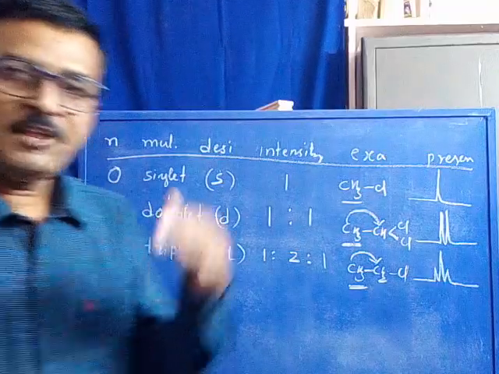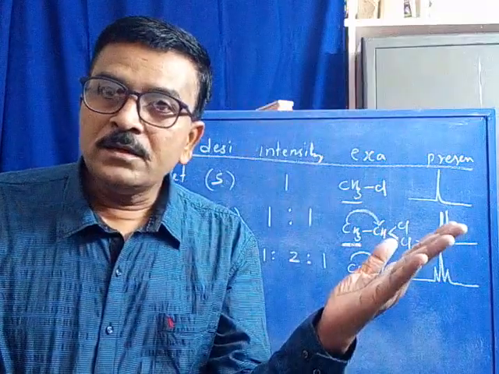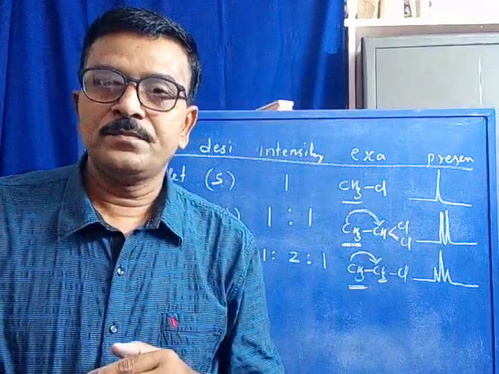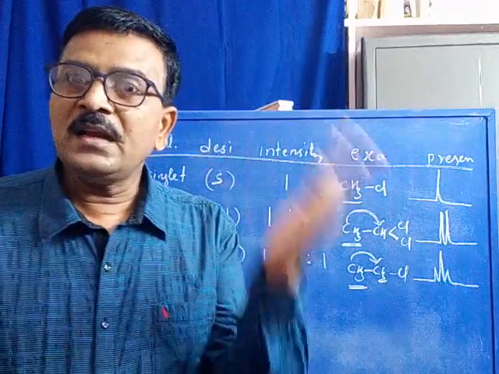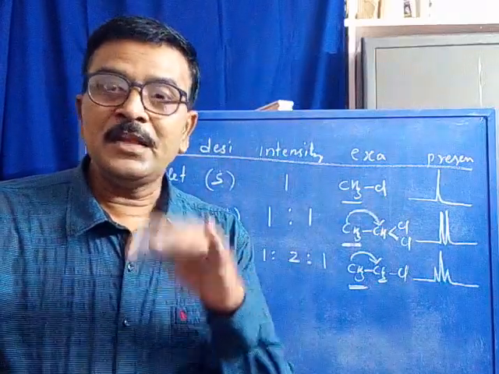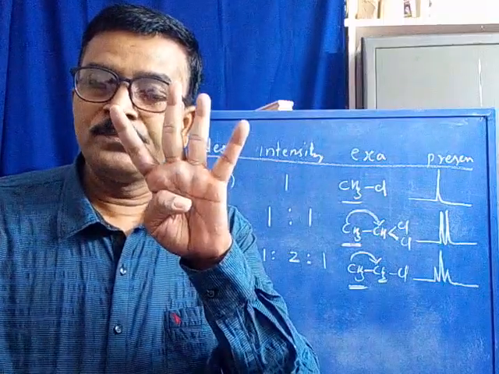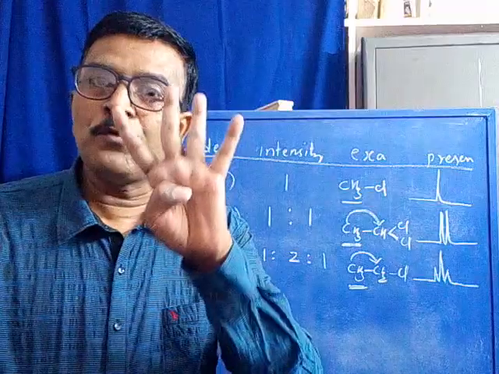If a set of protons in a molecule is coupled with 3 adjacents, that is n is equal to 3, what happens? A set of protons coupled with 3 adjacents, 3 plus 1 becomes 4. So the signal of that set of protons is split into 4 lines.